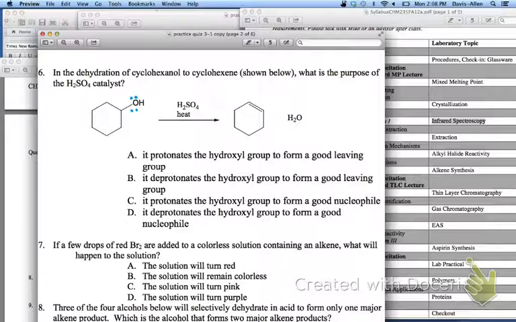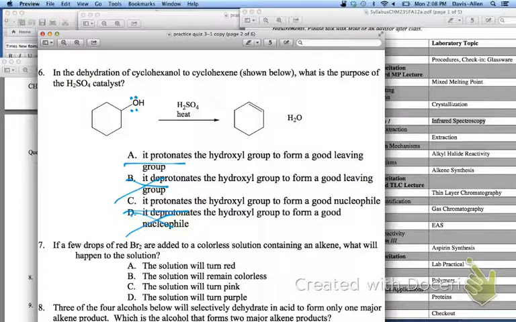Two choices look at protonating. We get A and C. The D and B answers should immediately make no sense because we're looking at an acid deprotonating something. That doesn't make sense to have a strong acid act as a base under these circumstances.